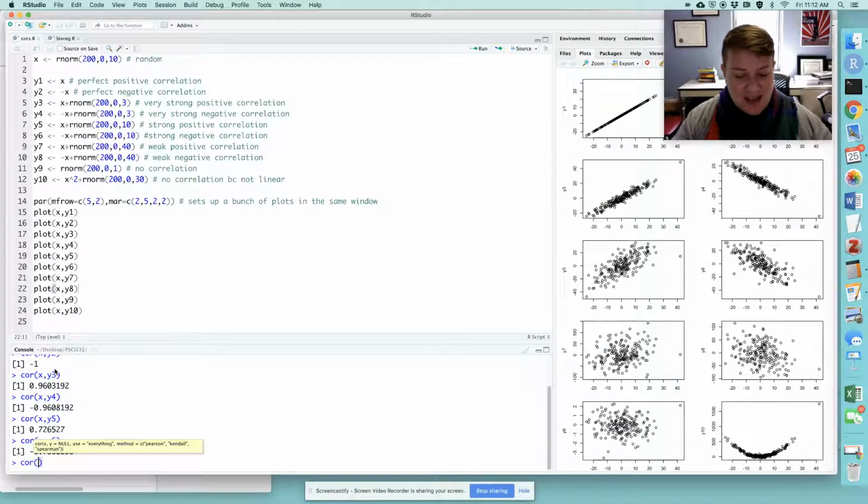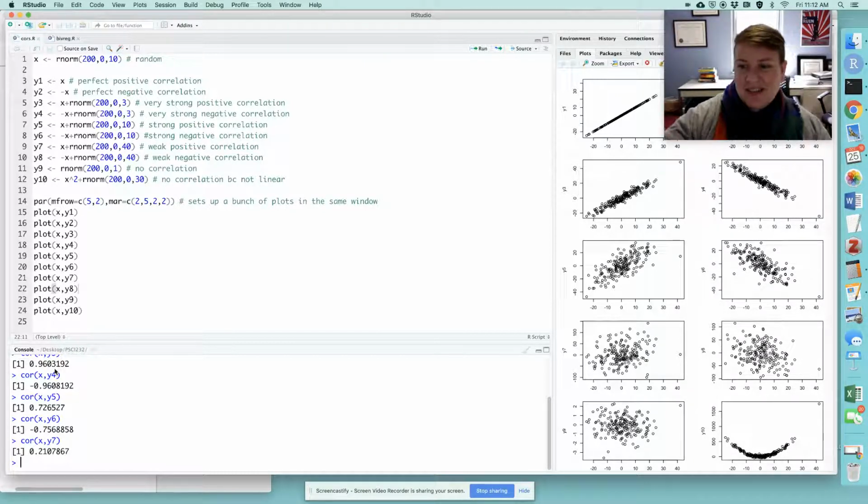Let's finish these out. cor(x, y7), right? In the third row, we have correlations of about positive and negative 0.75. In the fourth row, we have weak correlations, positive and negative about 0.21.